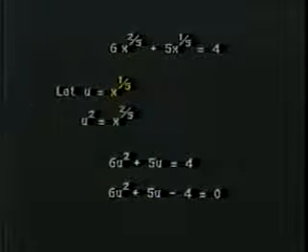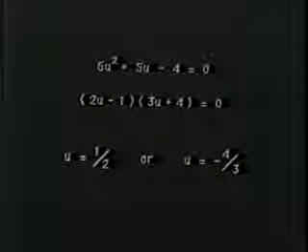So again, we can rewrite the equation in quadratic form, ready to factor. And from there on, there's not much to it. It's a little harder to factor, but we can handle it and get a couple of fractional answers.